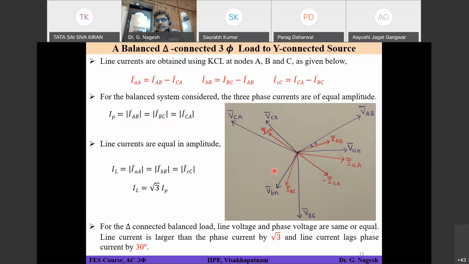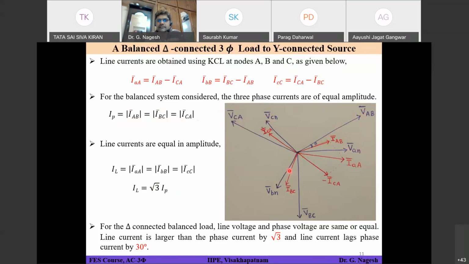So here I have drawn the phasor diagram. Since the source is a star connected system, I should have VAN here as my reference phasor, IBN here, and ICN will be here. And line voltages will be 30 degrees leading with respect to the corresponding phase voltage. So VAB is 30 degrees ahead of VAN.